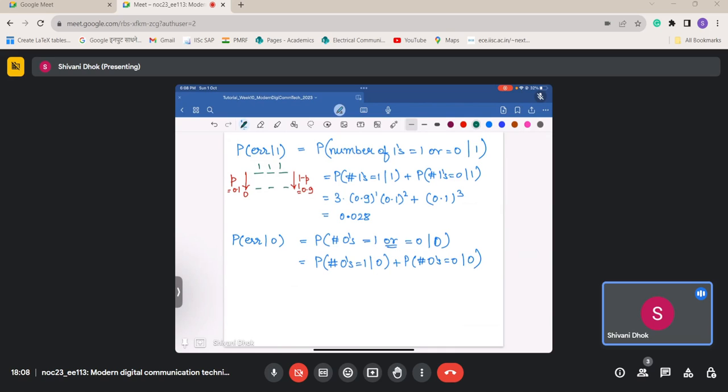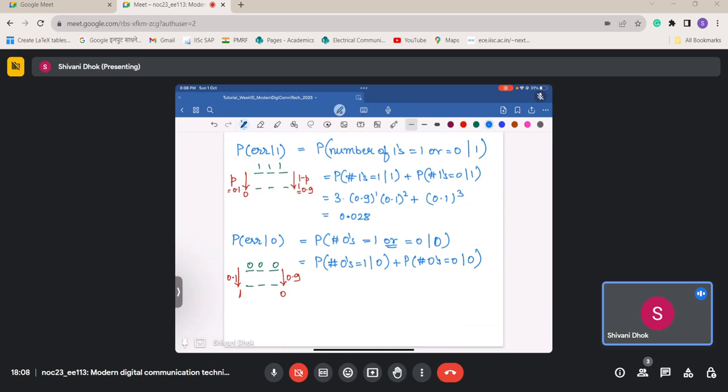So we again have a similar situation. We had transmitted 0 0 0, and we are receiving something. A bit gets flipped to 1 with probability 0.1, and remains as 0 with probability 0.9.